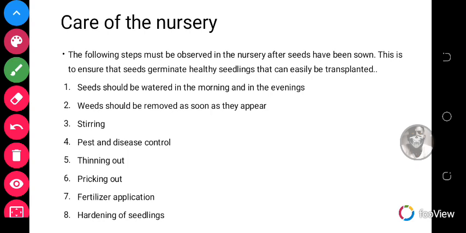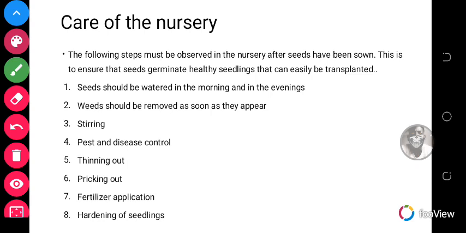Pricking out is also one of the cares for the nursery. Seedlings in the nursery are usually overcrowded, so to prevent them from competing for nutrients, water, and sunlight, they have to be removed and transferred to larger boxes or nursery beds.